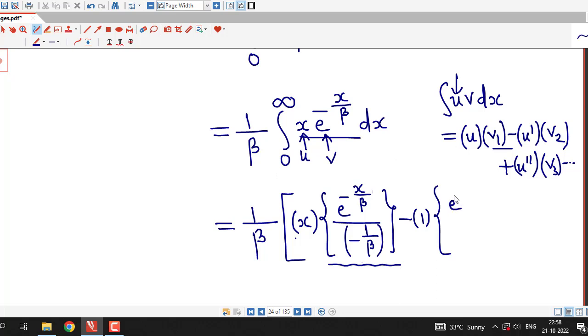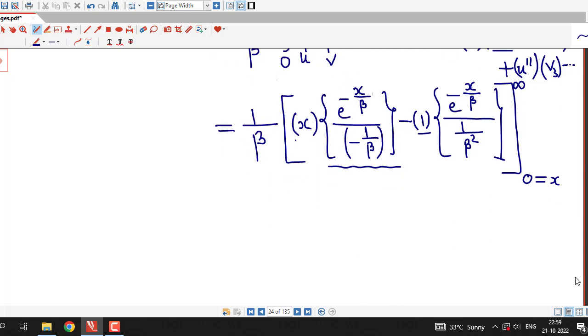So the integral is again e raised to minus x over beta divided by minus 1 over beta, into minus 1 over beta, that will become 1 over beta square. And in the next step, the derivative of 1 will be 0, and the limits are for x equal to 0 to infinity. Now we simplify or rewrite this before putting the limits.